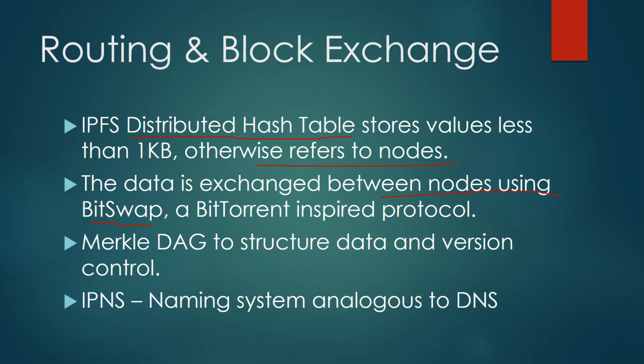Basically, if you're trying to download that cat image, you simply ask the network, who has my cat, and anyone that is storing your picture of a cat will respond back to you, and then you'll have a list of nodes that you can acquire the data from in parallel. And Merkle DAGs are used to structure the data in the blockchain, and they also provide version control for that data.